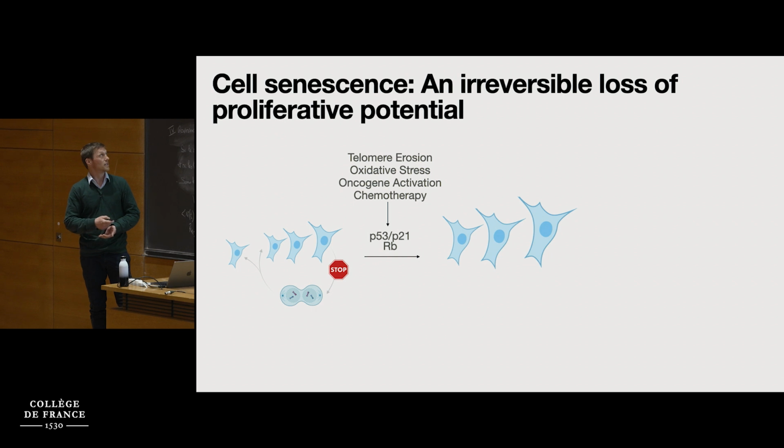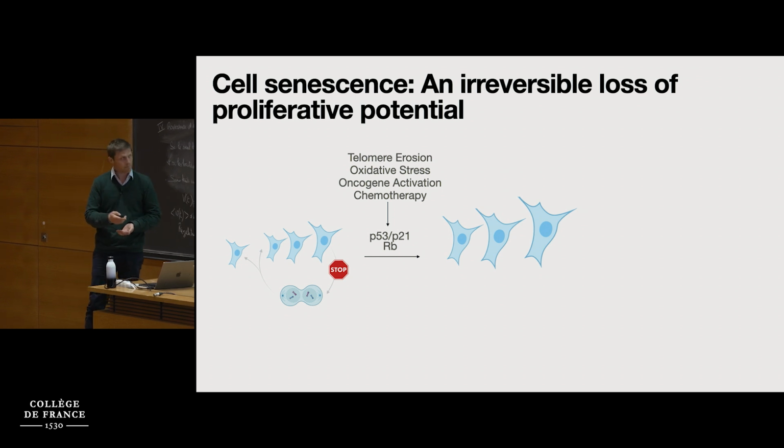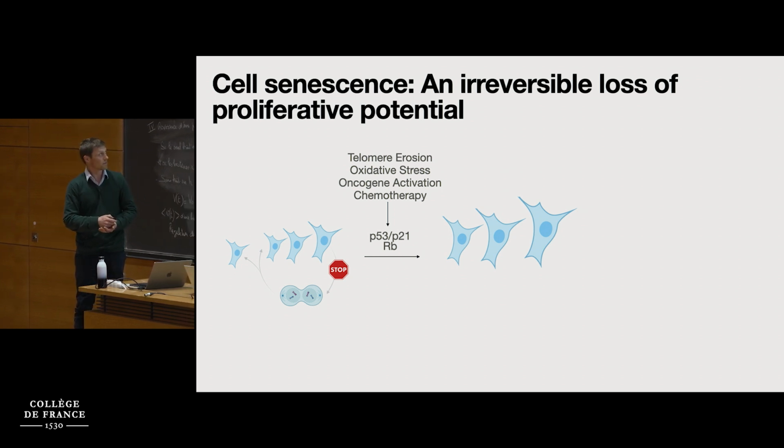These can be damage to the DNA, telomere erosion, oxidative stress. Also during chemotherapy, these types of damage are induced, and they usually cause a block at the G1 to S transition, which usually goes through one of these pathways here. So these are just cell cycle regulators, basically.